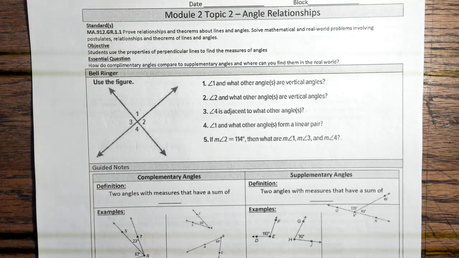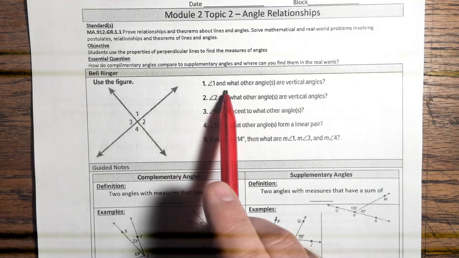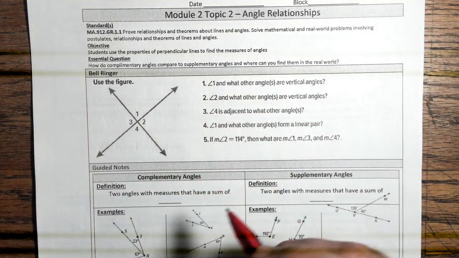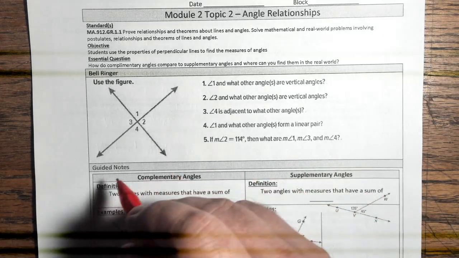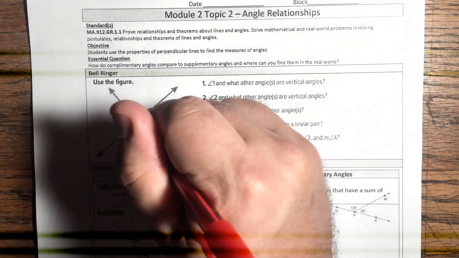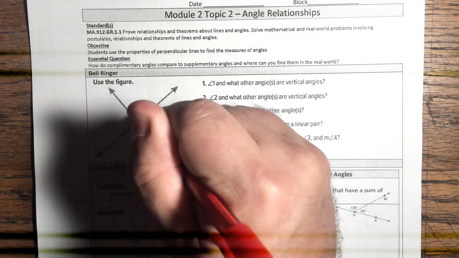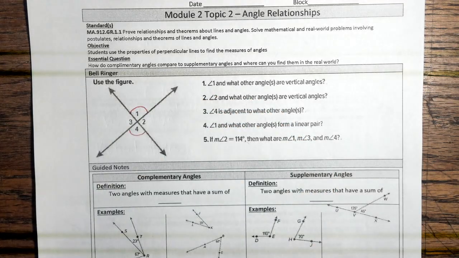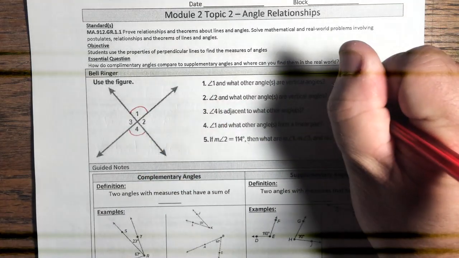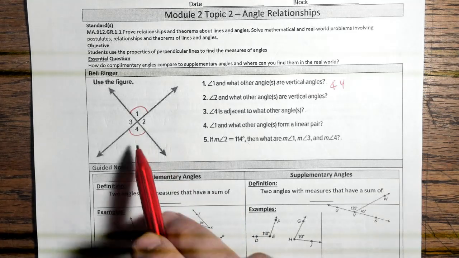Okay, bell ringer, use the figure. Number 1, angle 1 and what other angles are vertical angles? So if you recall from yesterday, when two lines intersect each other, they create vertical angles. In this case, 1 and 4 are vertical angles. So angle 4 will be the other vertical angle to 1.